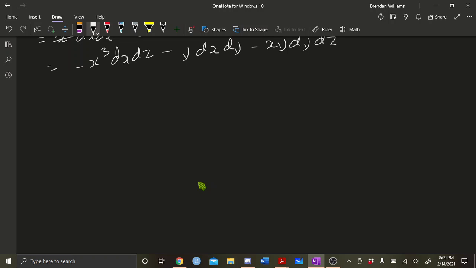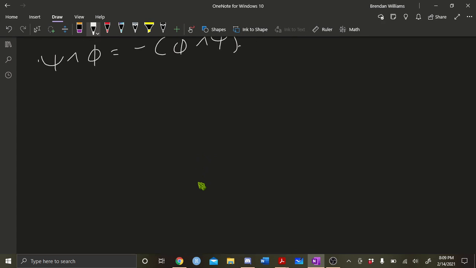So we could also calculate psi wedge phi. If we did that, we would find that it's equal to negative phi wedge psi. But this is actually true in general for one forms, which we can just show right now. Lemma 6.2.